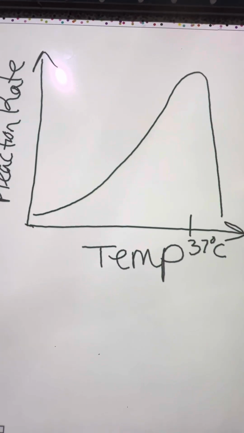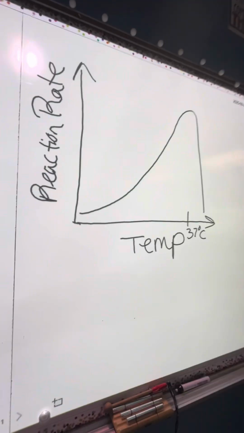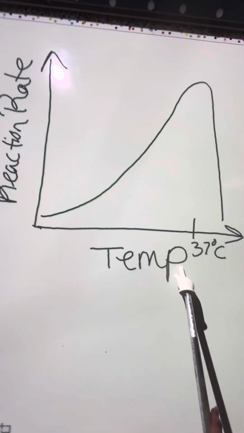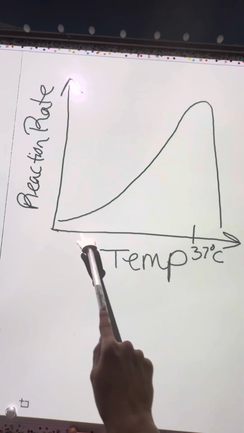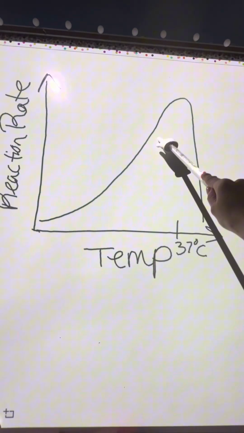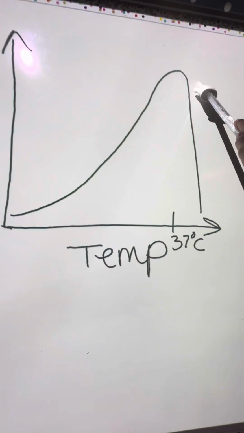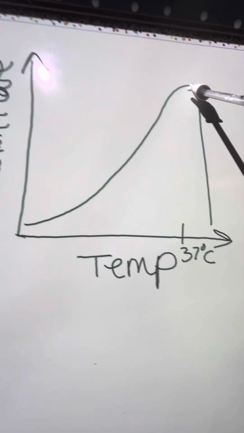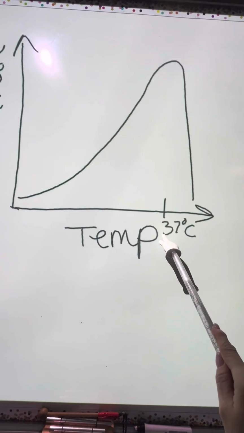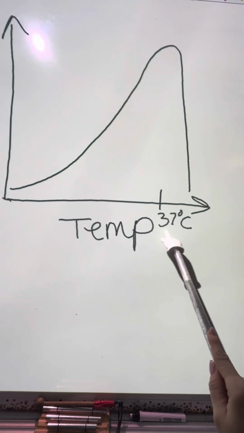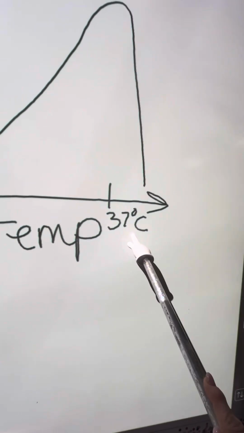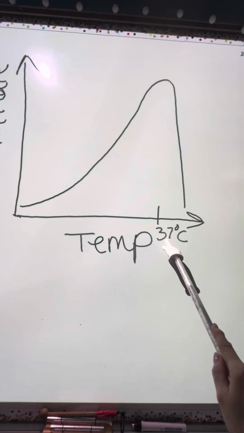Next, enzymes and temperature. We're going to see that temperature affects the rate of the reaction for enzymes. If I'm reading this graph, as the temperature increases, the reaction rate of the enzyme is also going to increase, and it increases until we get to this optimum temperature. For our enzymes in our body and most living things, that optimum temperature is going to be 37 degrees Celsius, which is approximately body temperature, 98 degrees Fahrenheit.